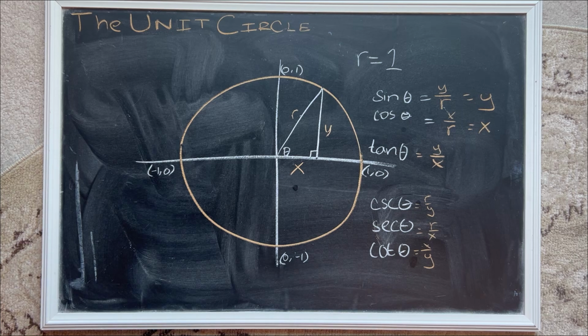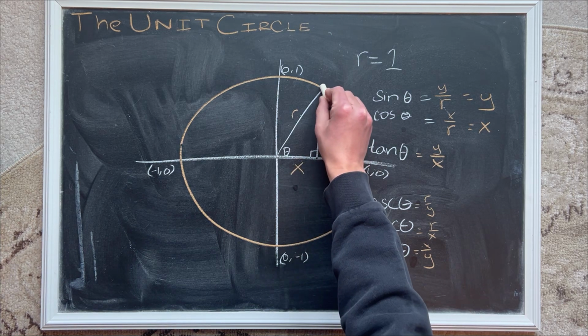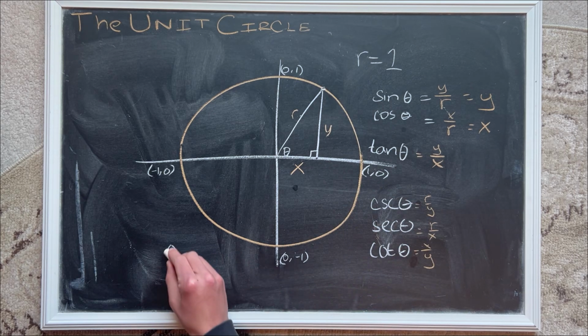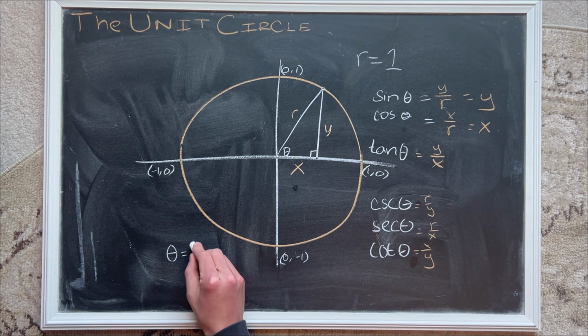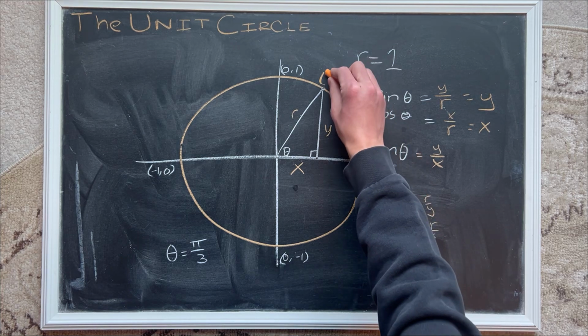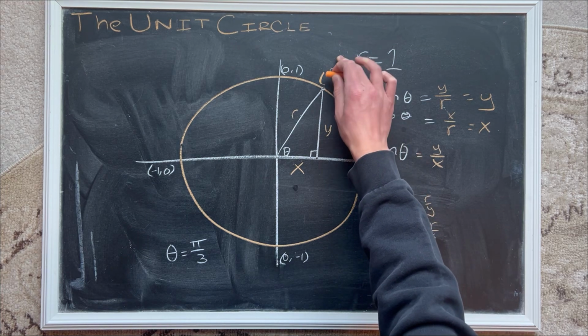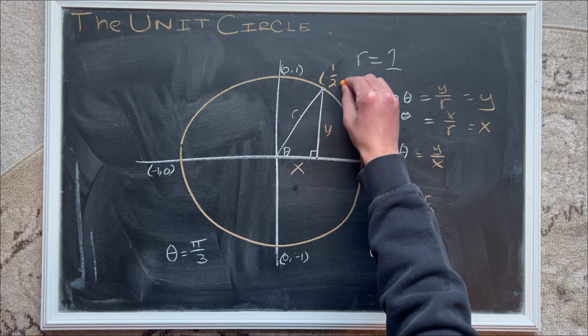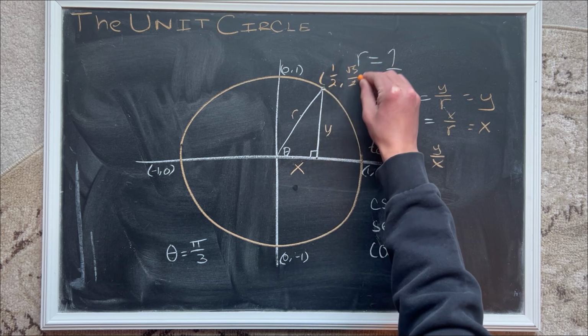Now, each location like this is going to have a coordinate, right? So it's going to have an x-coordinate and a y-coordinate. So let's say our angle was 60 degrees, or pi over 3 radians. So now this point here, we know is, or I guess I know, is 1/2, comma, root 3 over 2.